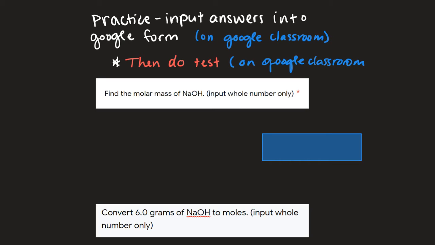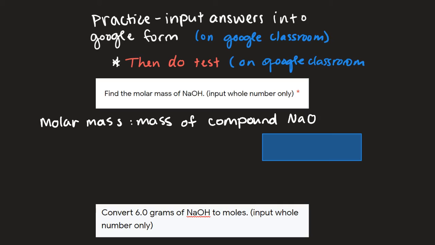Let's go ahead and start with finding the molar mass of NaOH. Molar mass is the mass of the compound. In this case, it's going to be NaOH.